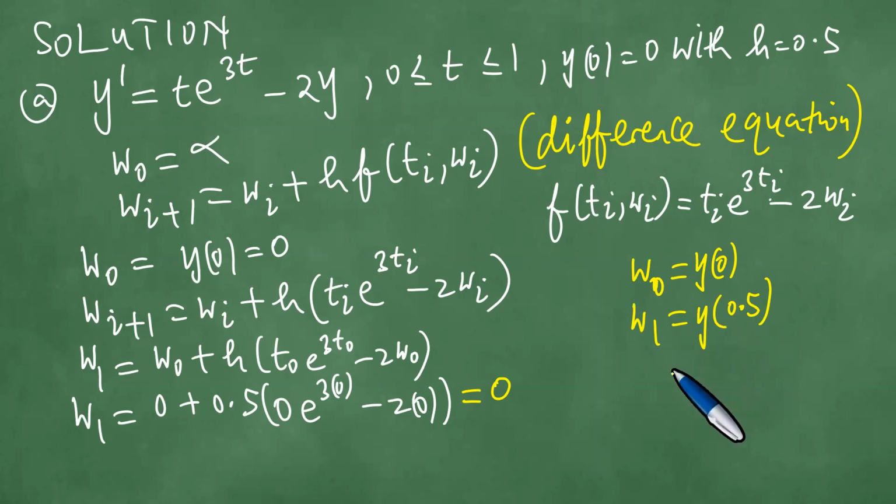Then W2 is at the next one, which is 1.0. Now we need to take one more step because we have t between 0 and 1.